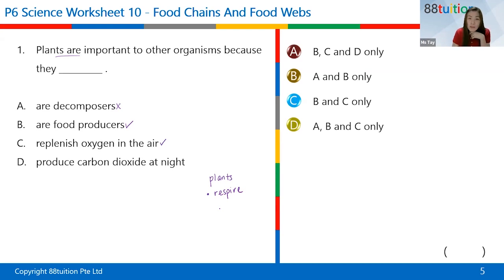So it's not advisable to keep plants in the bedroom, actually. In the living room, maybe it's still okay because you don't sleep there, right? But at night when you're sleeping, you turn on the aircon, you close the door, it's going to take away your oxygen. So this is not a good reason why we like plants, in that sense. So the answer is C. Do you all have C? Okay, good.